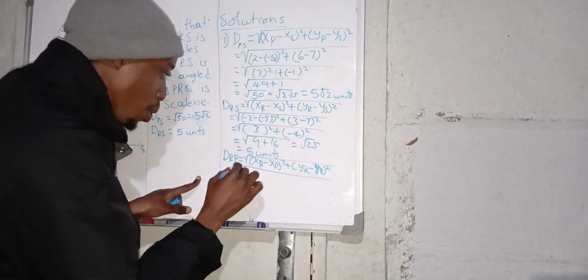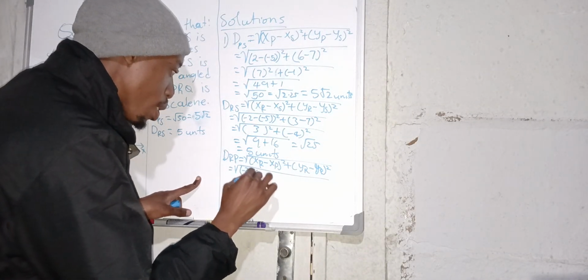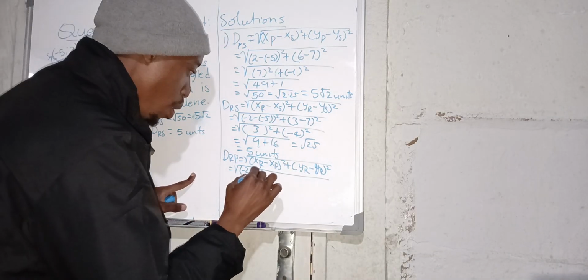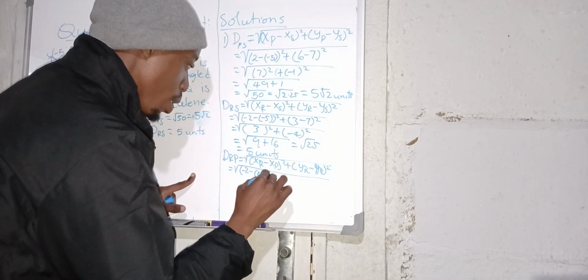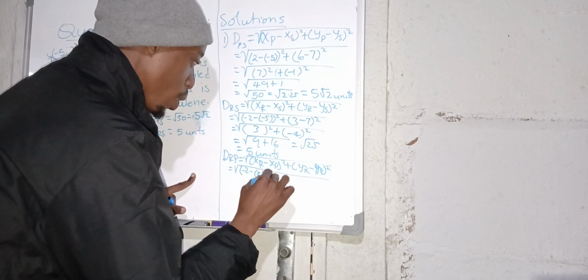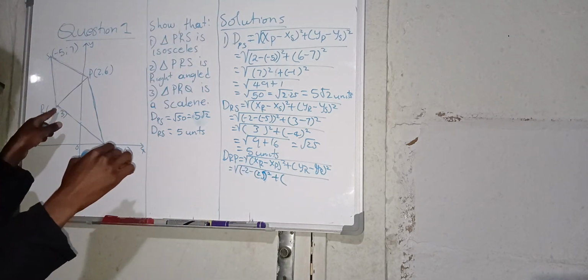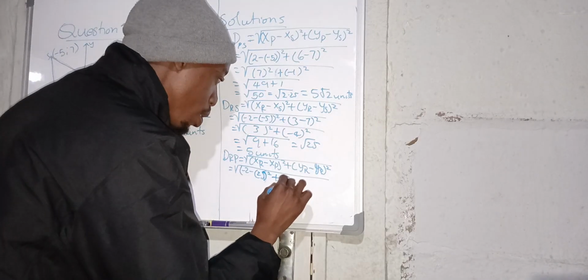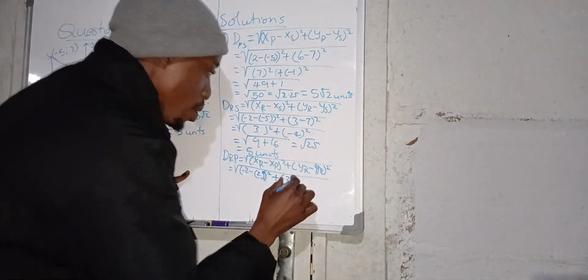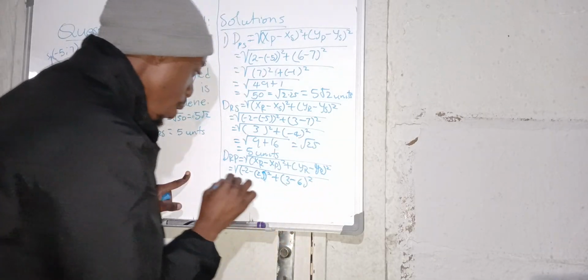Negative 2 minus XP is 2, all of that squared, plus YR is 3 minus YP, which is 6, and then this is squared.